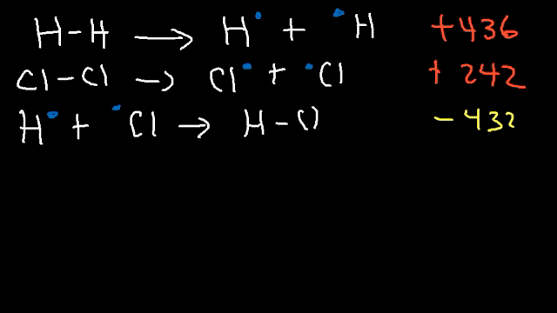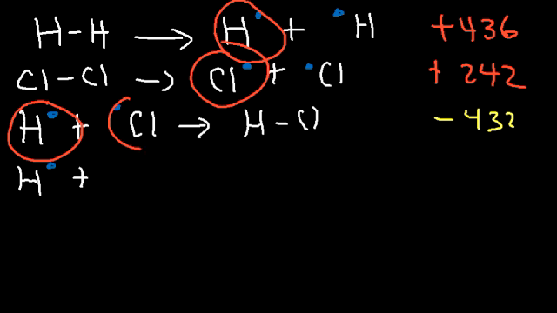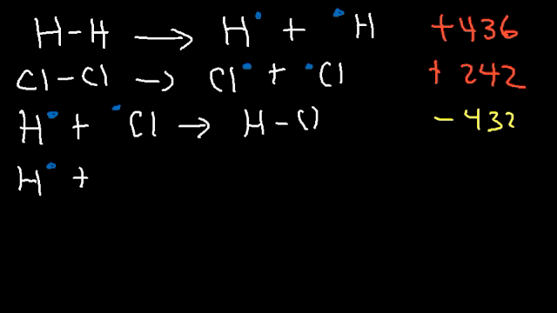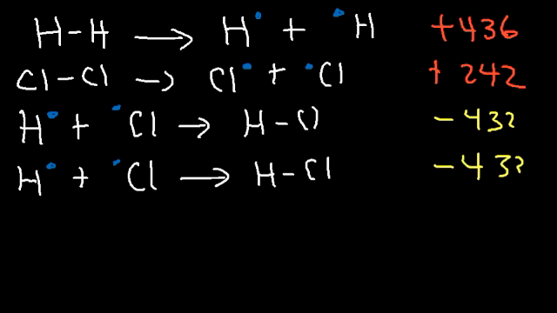But keep in mind, we need 2 HCl bonds, so we've got to write another reaction that's similar to the last one. Because if these 2 react here, then these 2 must react in what I'm about to draw, so that the reaction is balanced. And so this is going to release another negative 432 kilojoules of heat energy.